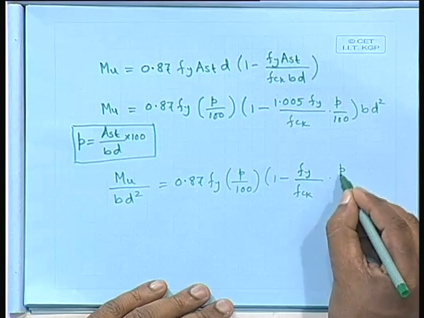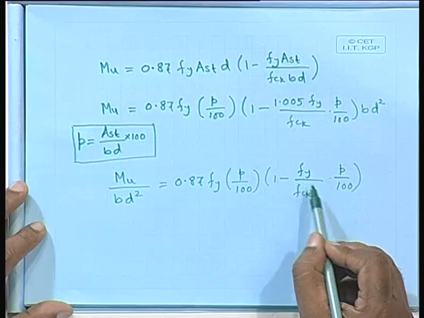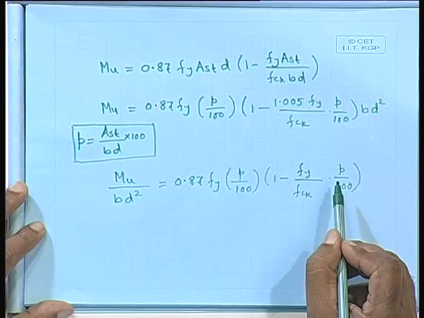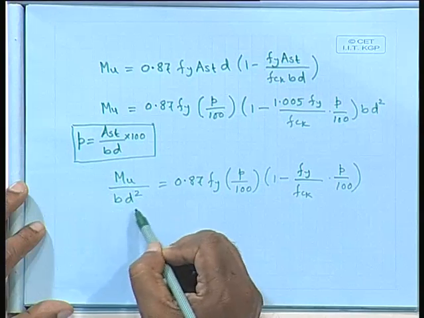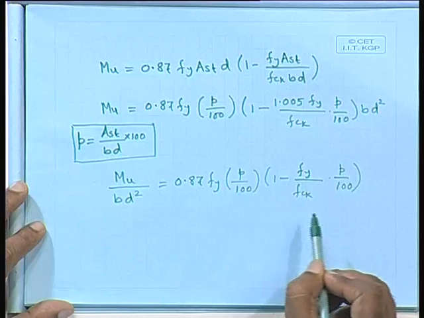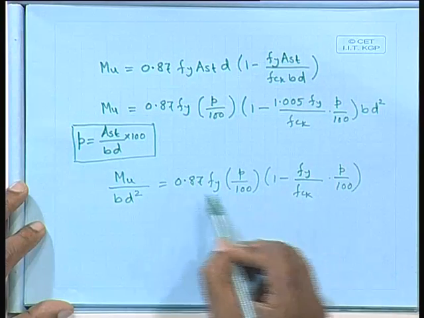So, for a particular grade of steel and percentage of steel given, we can find out that Mu by Bd square, where we do not need the section size, we can get one value.